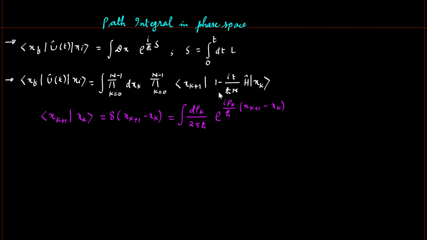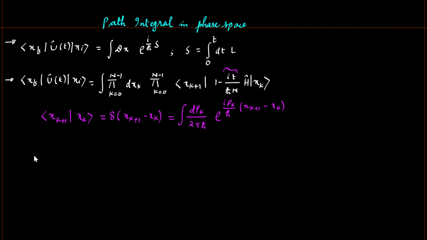Now the next term. For this term, this part is just a constant because it is not the operator part. Here the Hamiltonian is the only operator.